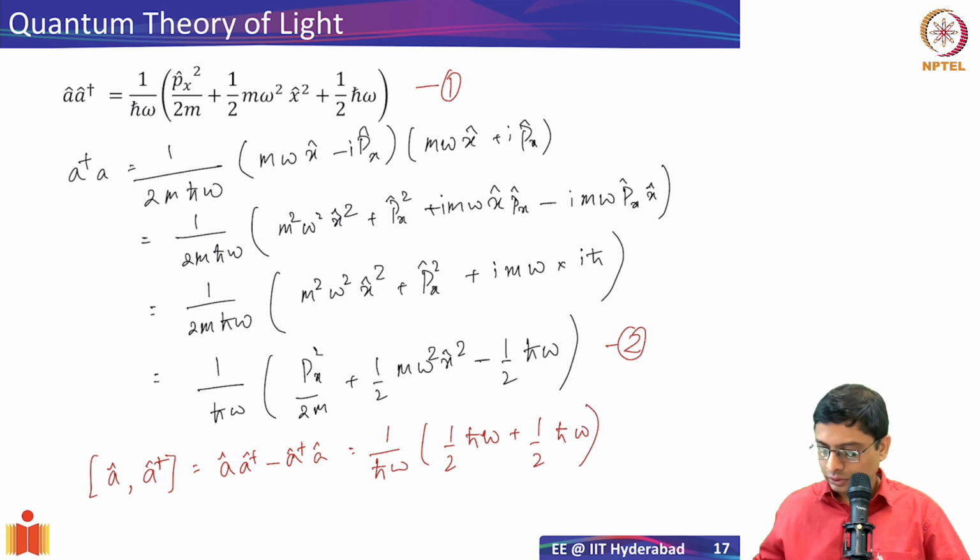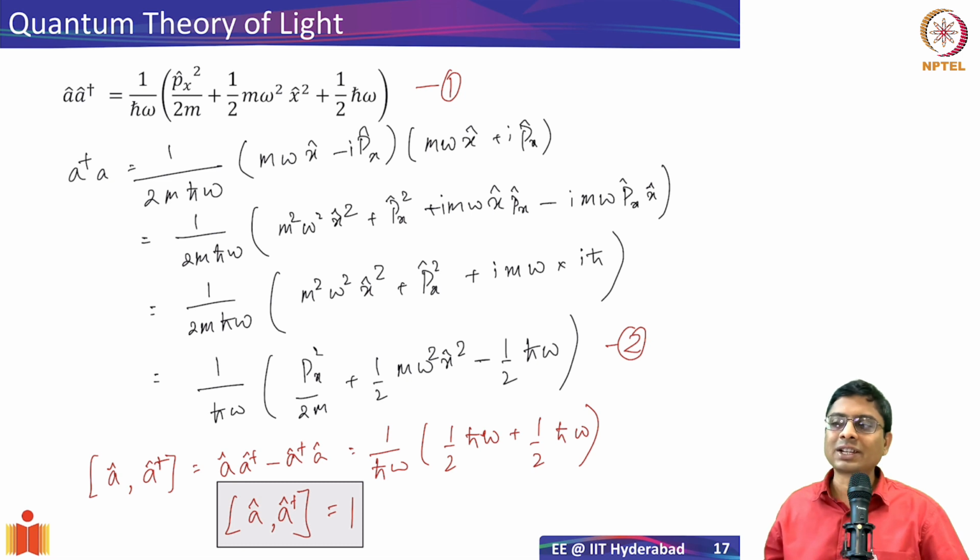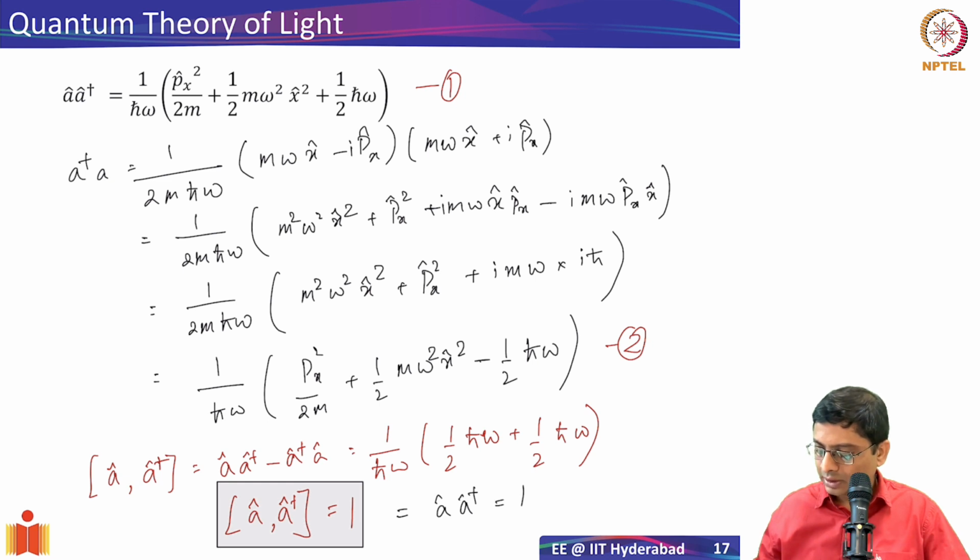So the commutator bracket of A and A dagger is going to be equal to 1. We will discuss the implications a little later. We're just establishing the rules of the algebra right now. You can also write it in another form: A A dagger is going to be equal to 1 plus A dagger A.